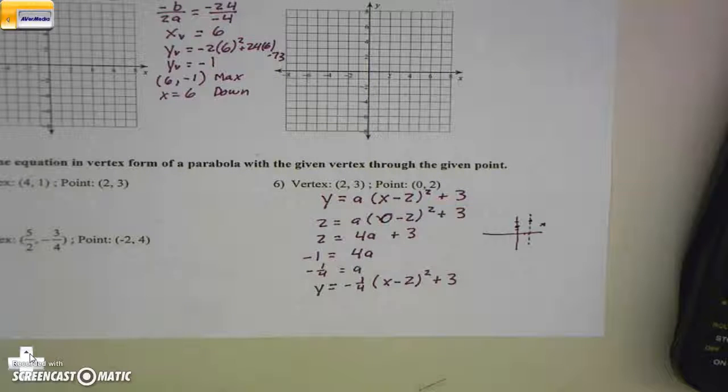That was what was given to me. I was given the vertex and a point. All right, so to draw any parabola, you need 3 points. So it looks like I only gave you 2 with a vertex and a point, but if I give you a vertex and 1 point, you automatically get the other one because it's a mirror image. Okay?